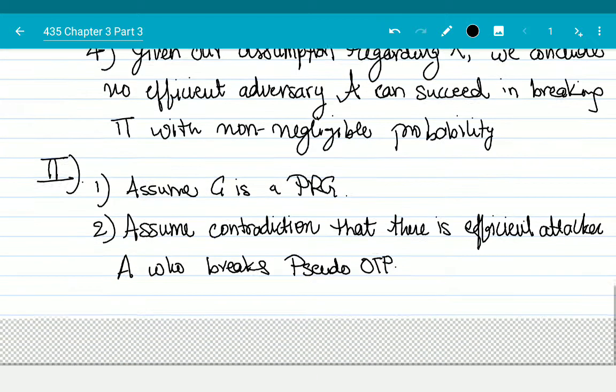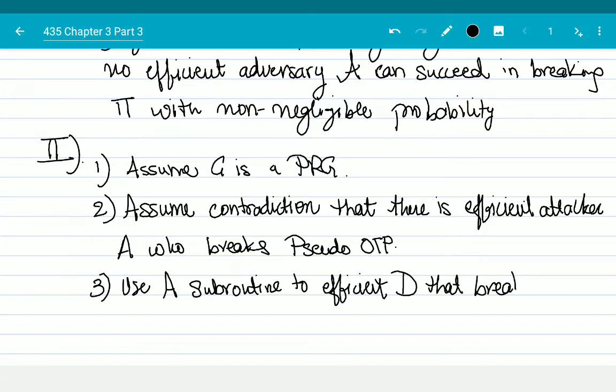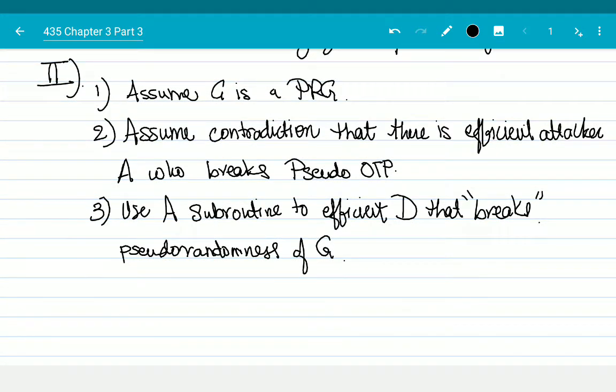And use that. Use A as a subroutine to build an efficient D that breaks the pseudorandomness of G. So rather than attacking with a different problem, which is NP hard, we can just attack the pseudorandom generator, which we are assuming exists.